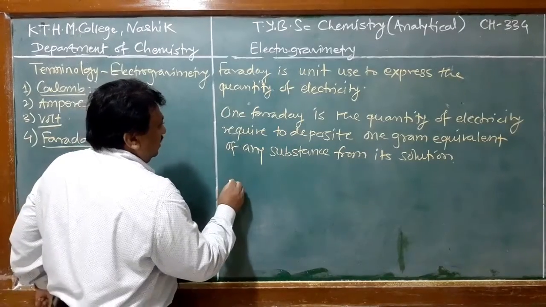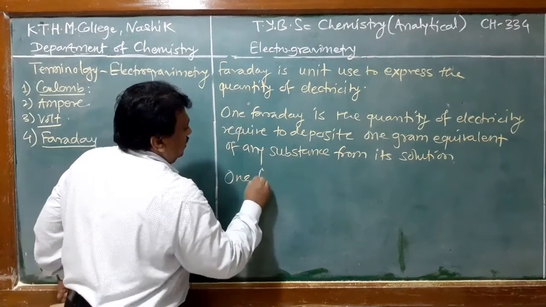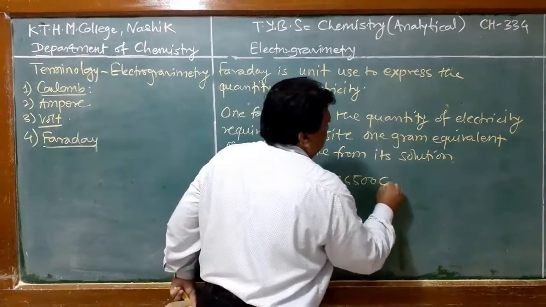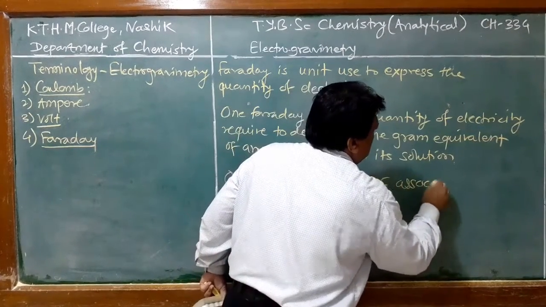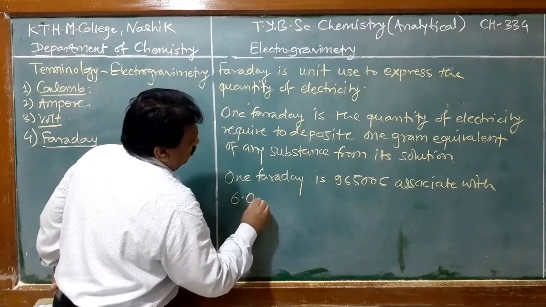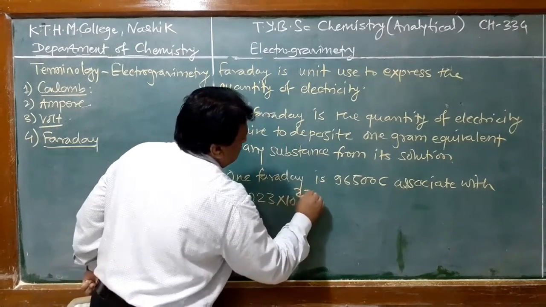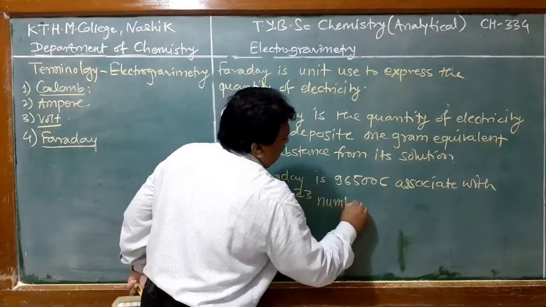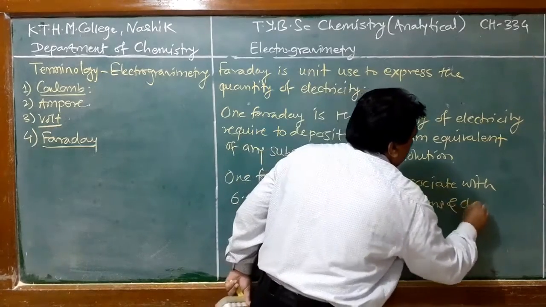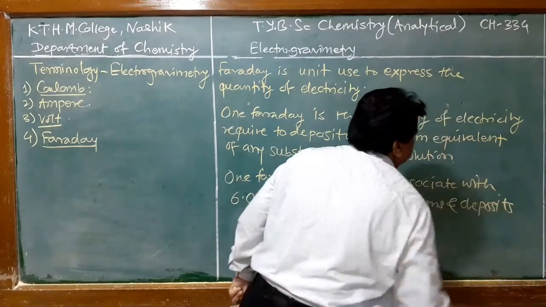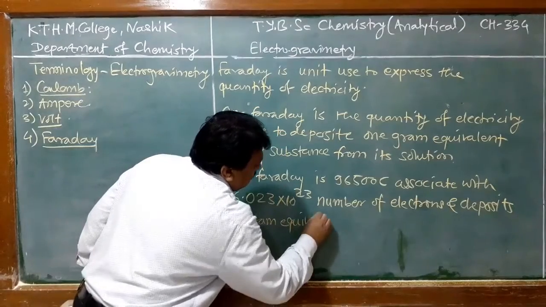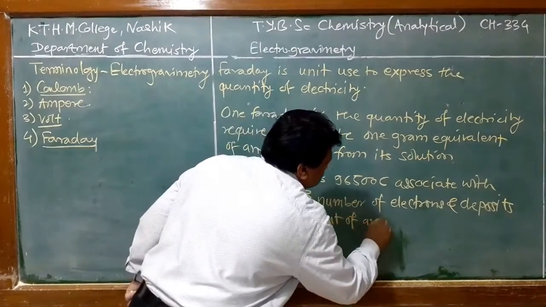Therefore, we also define that 1 Faraday is 96500 coulomb associated with 6.023 into 10 raised to 23 number of electrons, and deposits 1 gram equivalent of any substance.